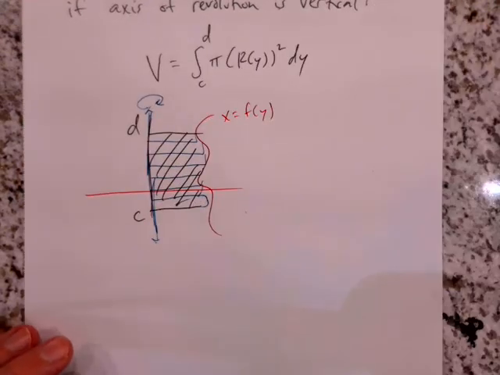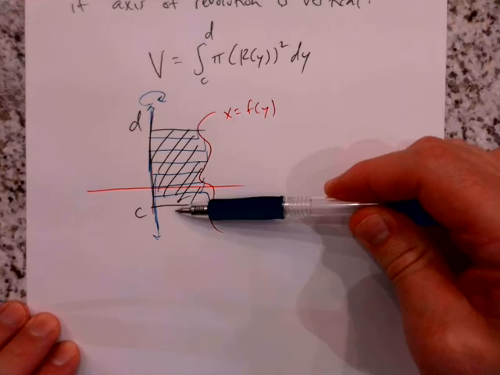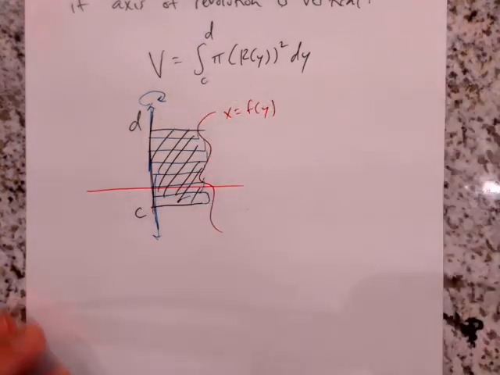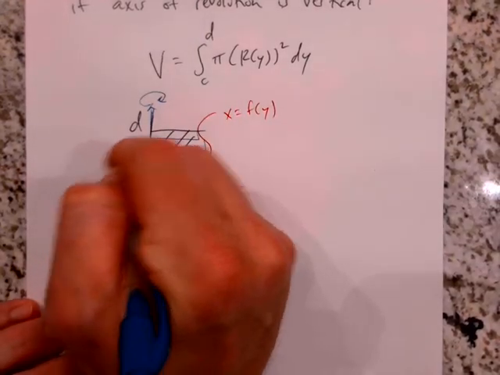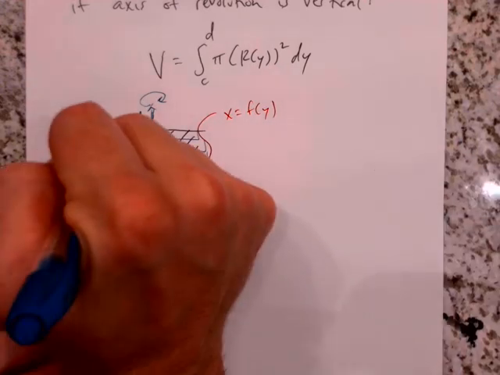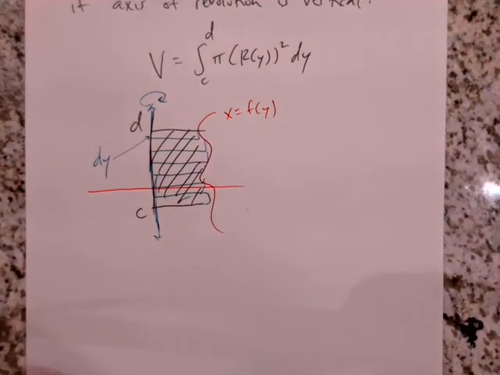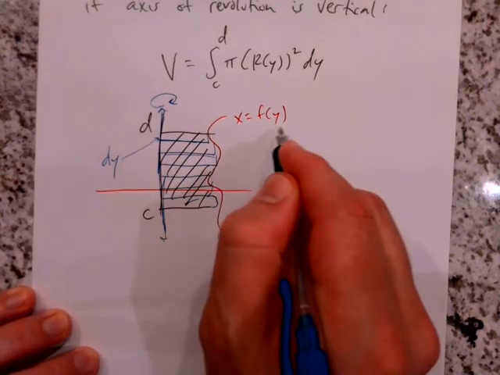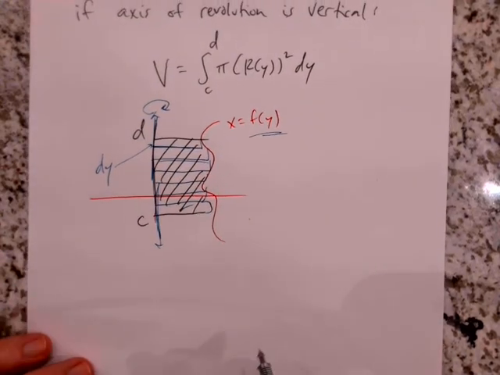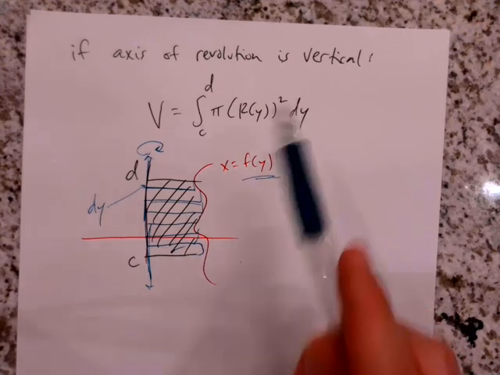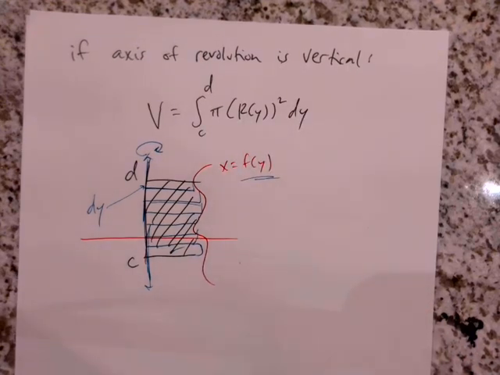When the axis of revolution is vertical, you just stack up your rectangles along that way. And so now the height of all these cylinders is going to be the change in y. And the radius is going to be a function of y. So vertical, you are in terms of y. Okay, let's check out some examples.